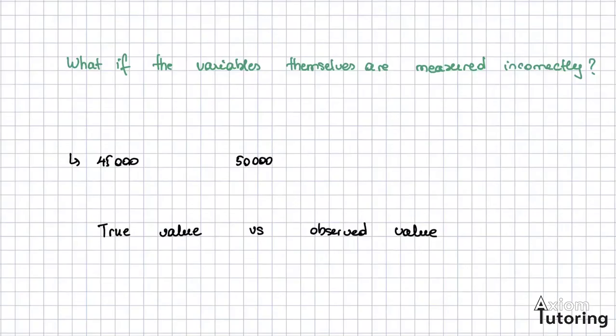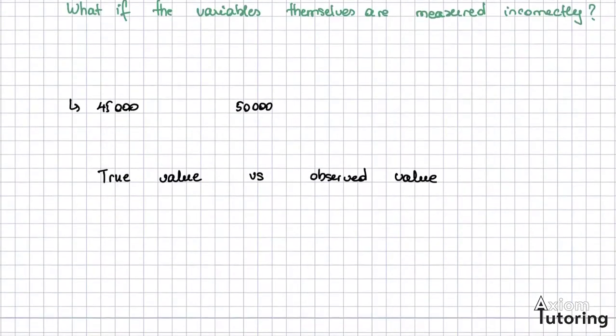So how do we think about that? Well, imagine you've got the true value, which will be your X star. And you have an actual observed value, which is X. There is a connection between the two of them. Think of X star as the true value that exists in reality. This is what you want to measure. But unfortunately, because we rarely observe this true value directly, instead we observe the X value, which contains some error.